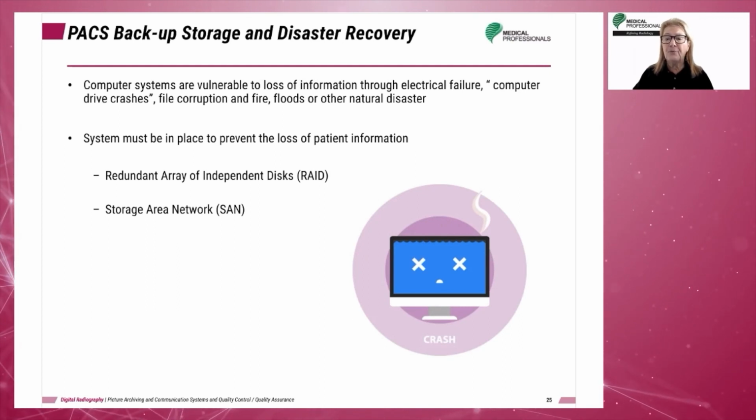Therefore, to prevent the loss of patient information, a storage system must be in place, such as redundant array of independent disks, or RAID, or a storage area network, or SAN.